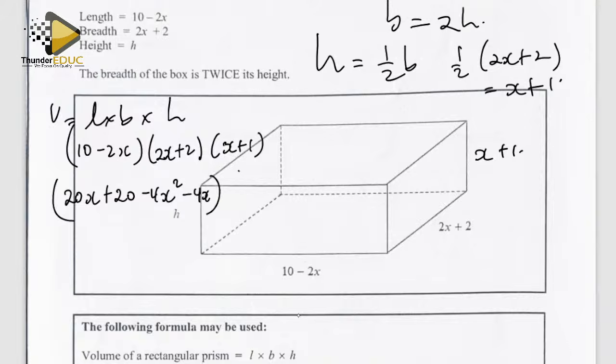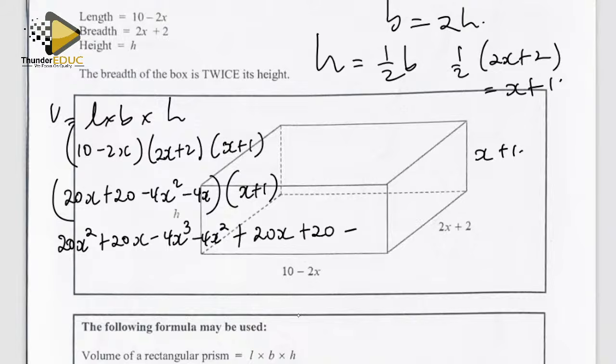The answer I get here, I have to multiply it with x times x plus 1. So let me just open everything up. That on that, I have 20x squared, plus 20x minus 4x cubed minus 4x squared. Then plus the whole thing, which is 20x plus 20 minus 4x squared minus 4x.